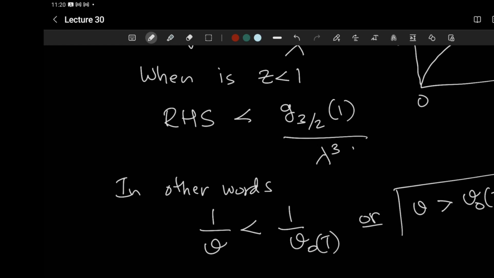So this is the condition. The density should be less than, so this number density is the inverse of this thing. What it says is that the number density should be less than this some funny density which is fixed, a temperature dependent thing. We are thinking of T constant. So this is the condition for when Z is less than 1.